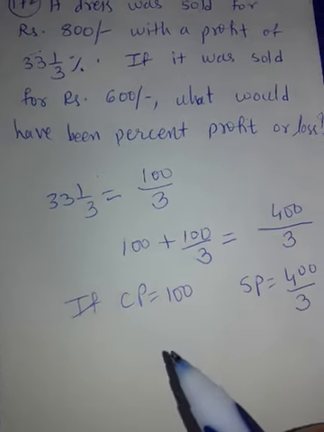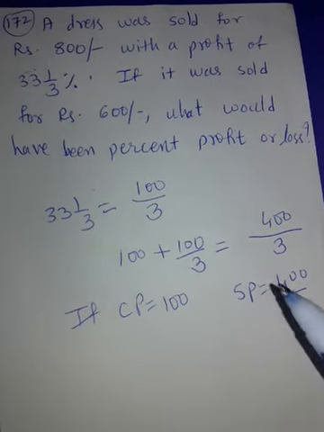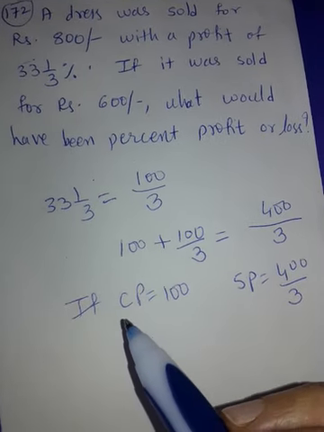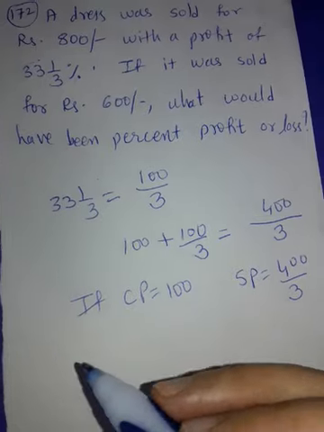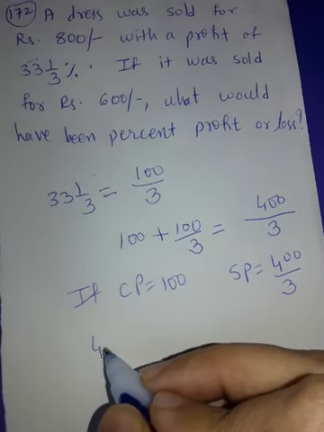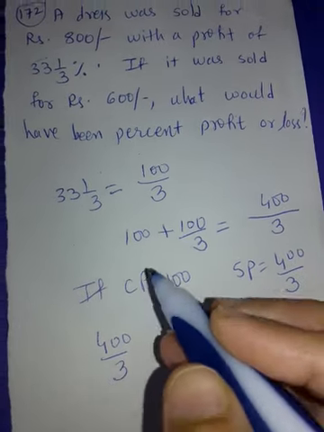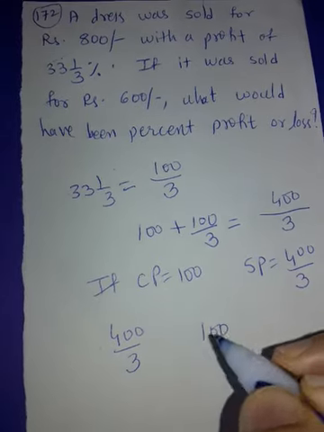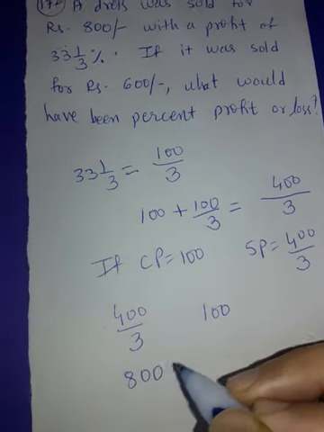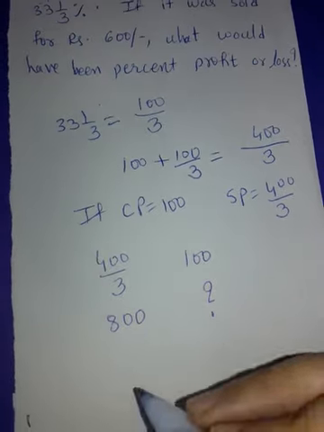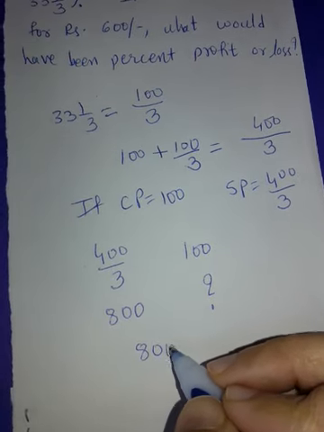So what can we do here? We can use our concept method and find the CP like we did in earlier examples. If SP is 400/3, then CP is 100. If SP is 800, how much is the CP? Let's find it out.